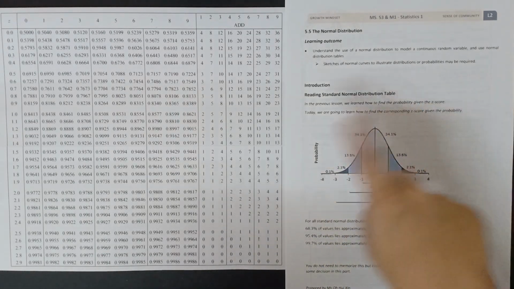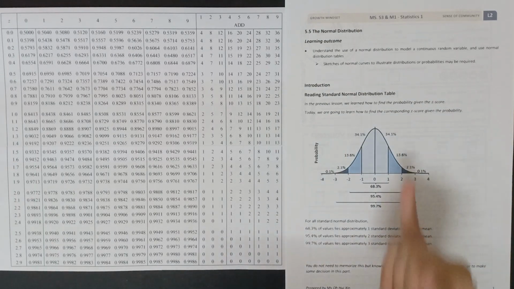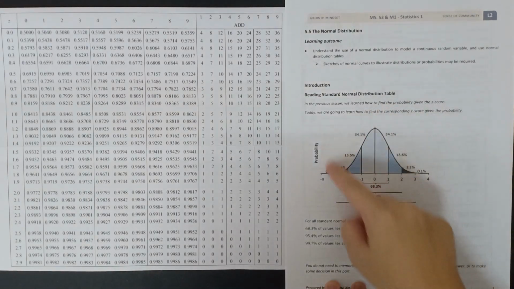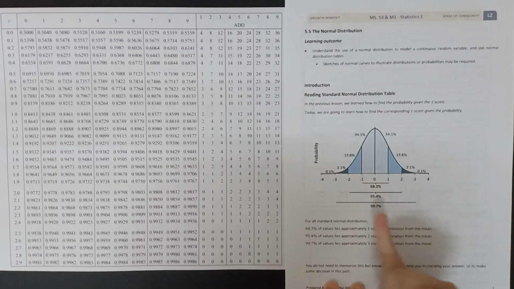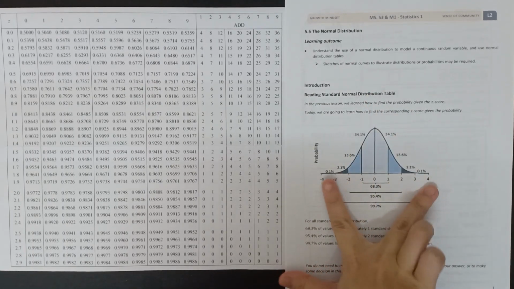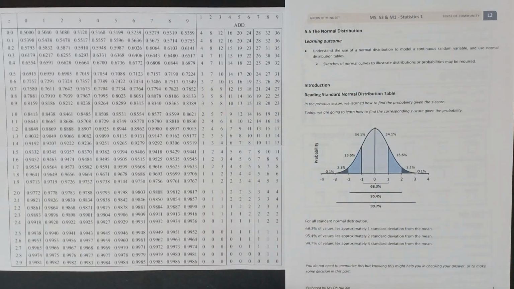You see a table here, right? In the middle is your mean, which is 0, which I think you already know. The table shows the rough percentage that is included in a certain interval. The number here is something we found out.